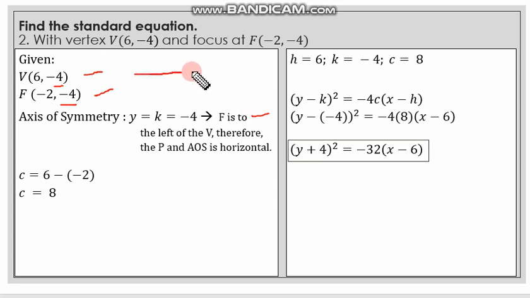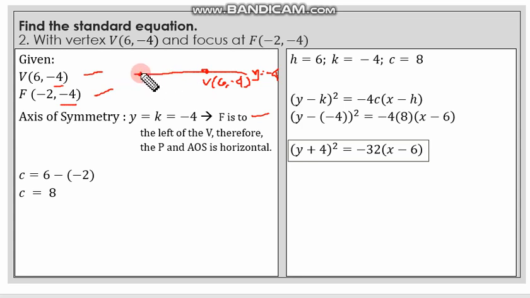So our axis of symmetry is y equal to negative 4. The vertex is at 6 and negative 4. This is our vertex here. And then our focus is at negative 2 and negative 4.